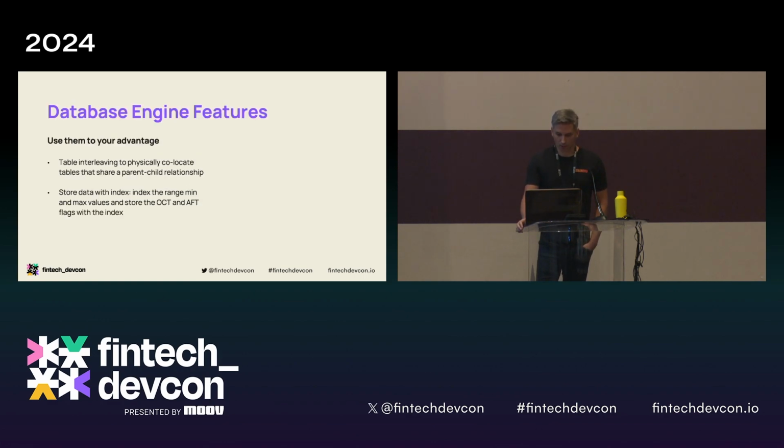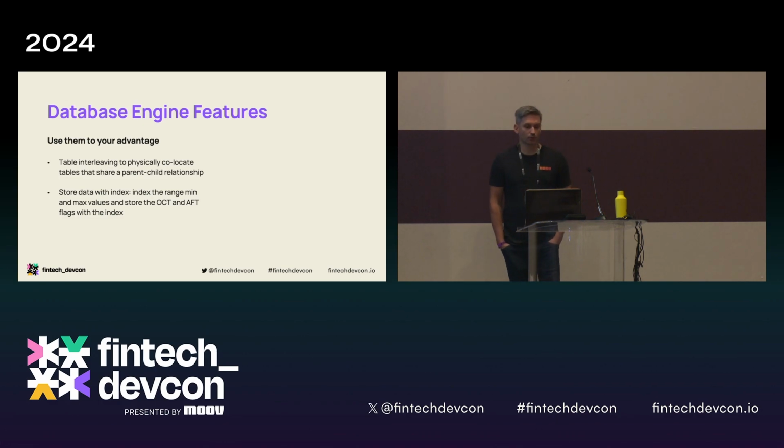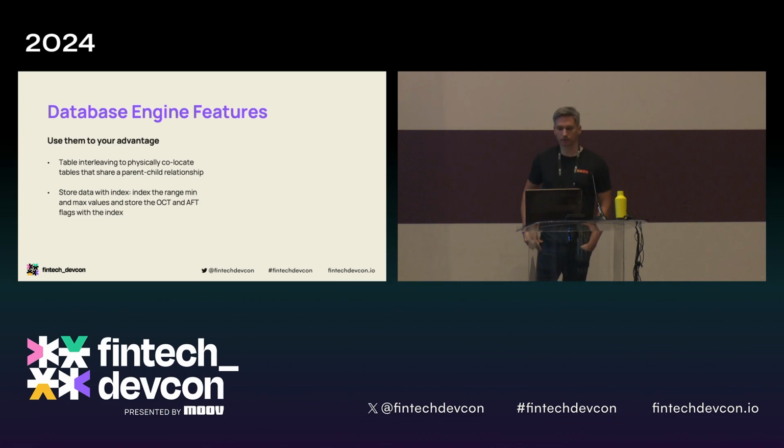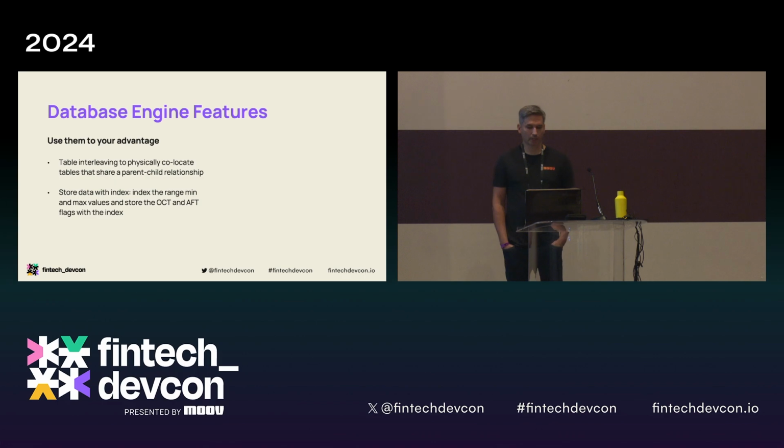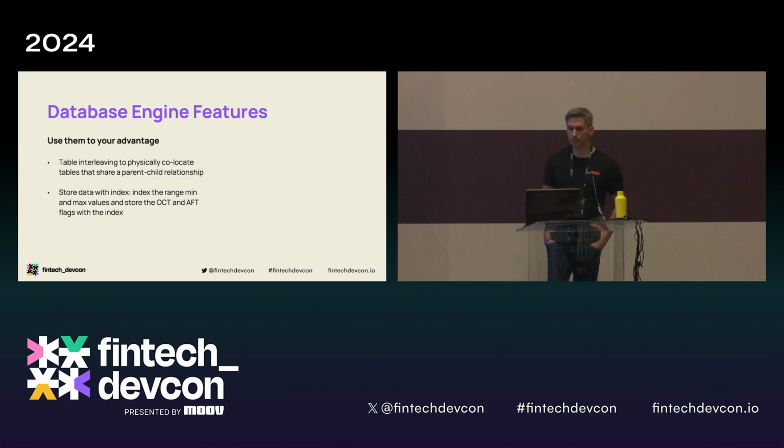And so, after exhausting the usual suspects of putting indexes on the range boundaries columns, another idea to try is to see if the database engine has any features that may aid in making the queries more performant. In this case, we found two of these features that we thought might be worthwhile to try.